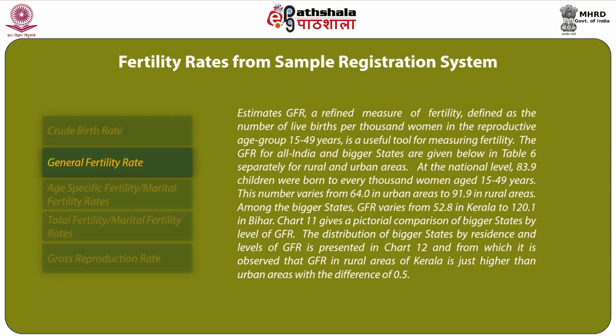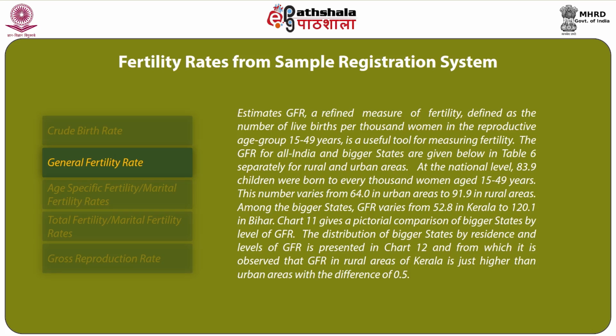Next refers to the general fertility rate, commonly known as GFR. Estimates of GFR, a refined measure of fertility defined as the number of live births per 1000 women in the reproductive age group 15 to 49 years, is a useful tool for measuring the fertility levels. The general fertility rate for all India and also for bigger states are given in the table separately for rural and urban areas.